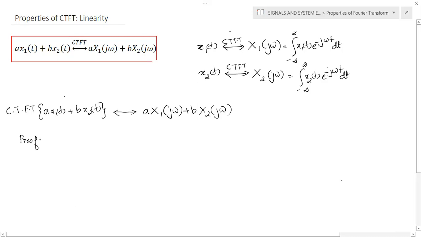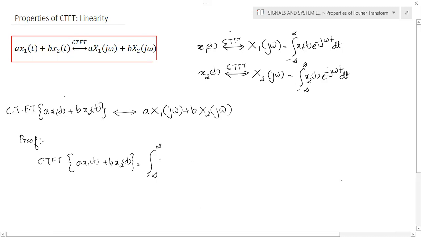Now I can prove this particular result. Now we'll discuss the proof. We already know that the Fourier transform of x1 of t is X1 of j omega. Now we can find the continuous time Fourier transform of the signal a x1 of t plus b x2 of t, which can be written as integral minus infinity to infinity.